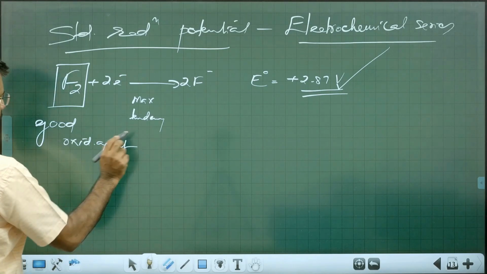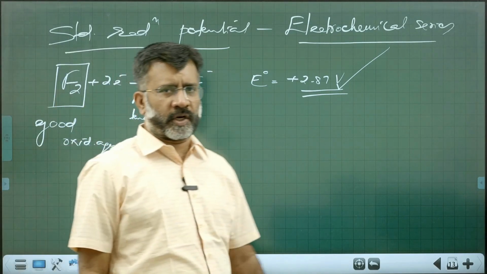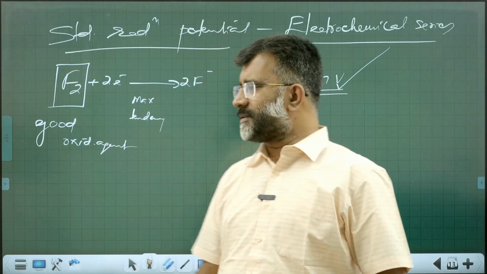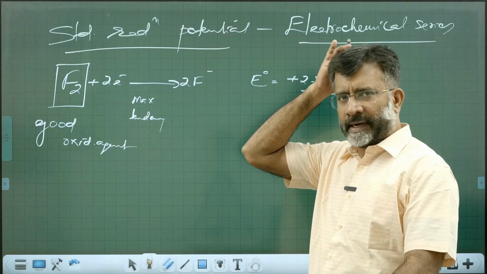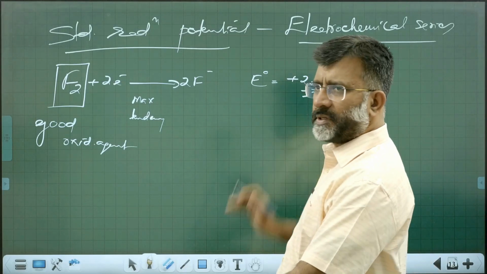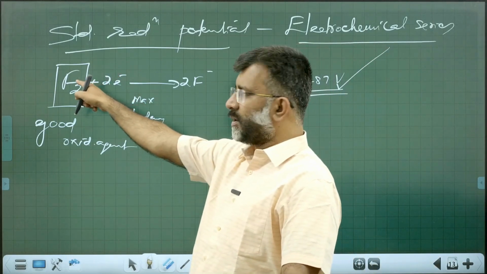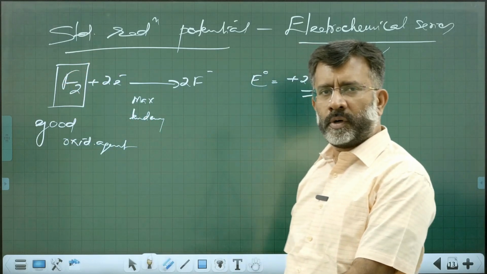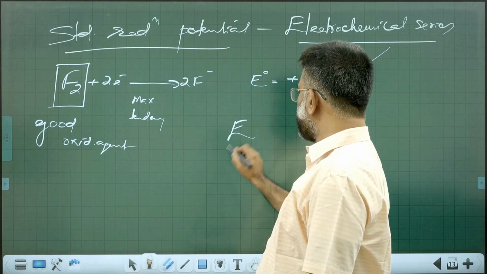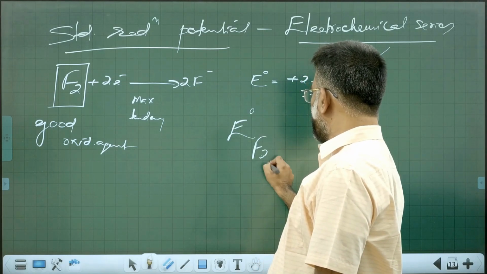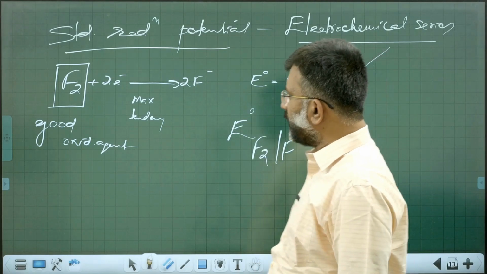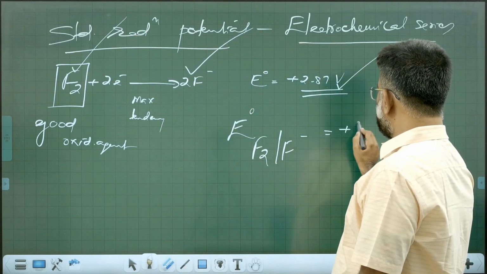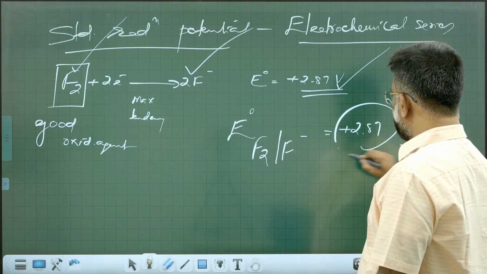So anybody undergoing easy reduction is called an oxidizing agent, right? That is the conclusion we get from this data. If you have a high positive figure, that species will undergo easy reduction and acts as a very good oxidizing agent. So it is written like this: E0 F2 bar F minus, plus 2.87, a high positive value.